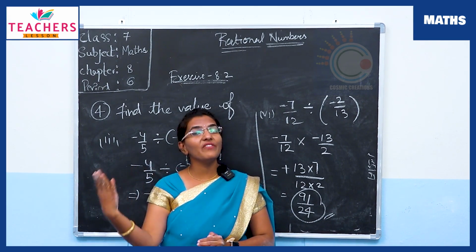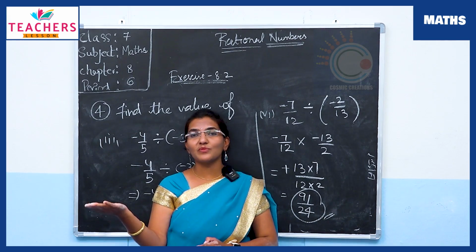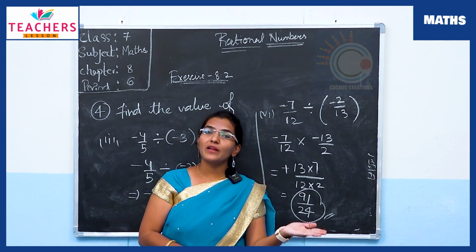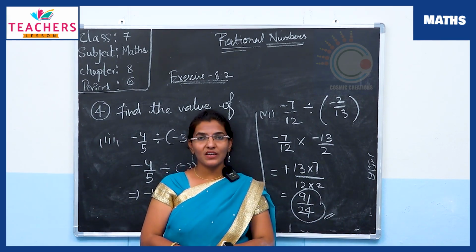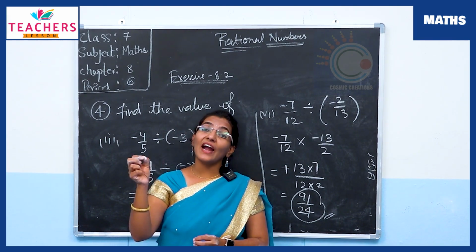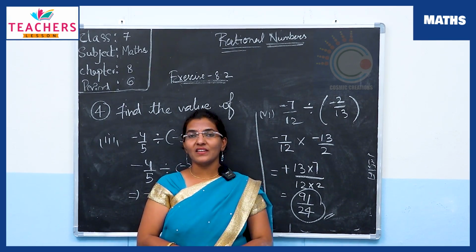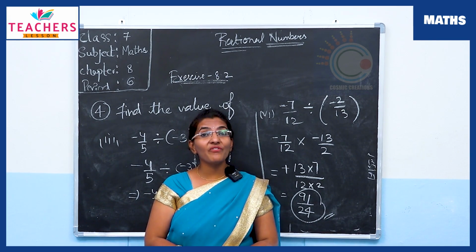So we take the right side of the number line as positive numbers and the left side as negative numbers. Clear? And we have also learned how to identify a given particular rational number on a number line, isn't it, students?